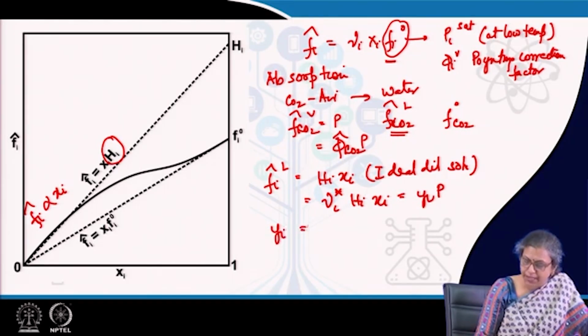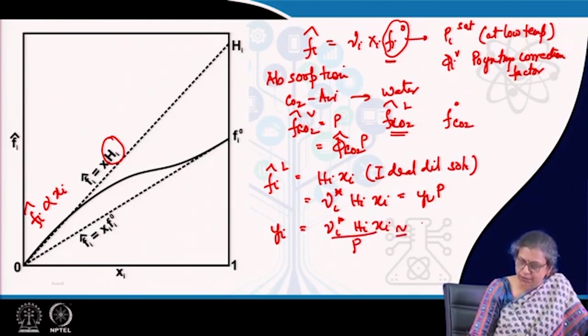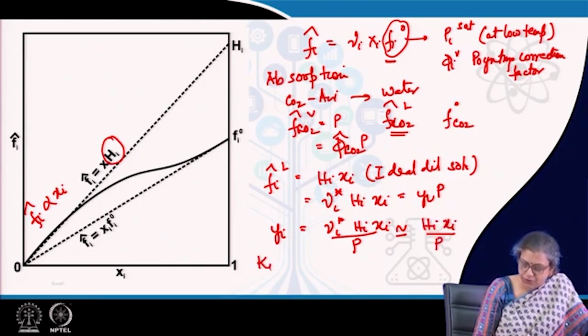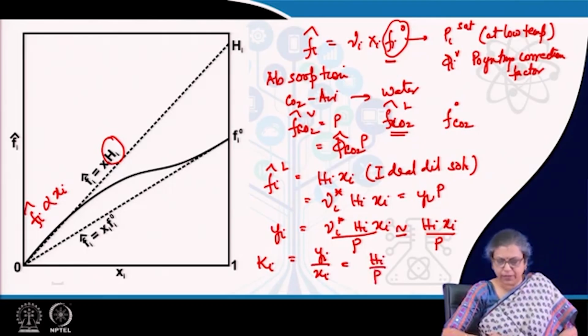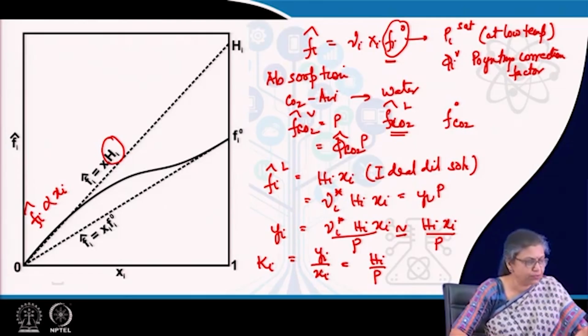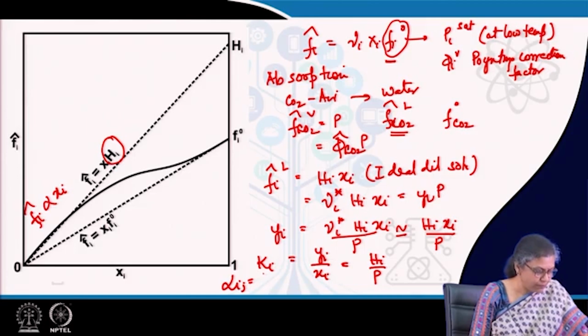As a result, Yi can be found out by gamma i star Xi Hi by P, which reduces at low to moderate pressure to Hi Xi by P, and therefore Ki for the absorption process, which is Yi by Xi, is equal to Hi by P. Accordingly, you can find out alpha ij or whatever it is for the case of absorption in this particular case, right.